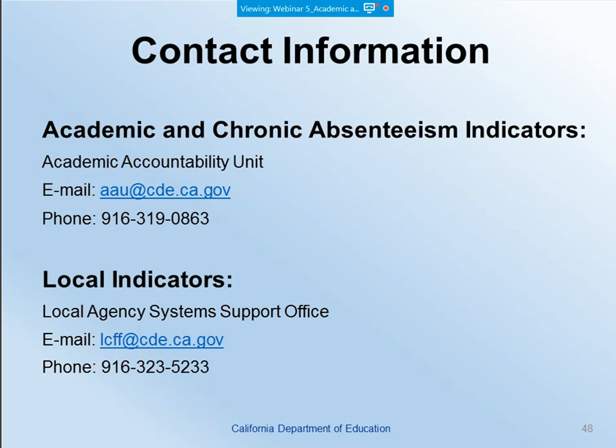It doesn't have to go towards the high school diploma, although it may. We're counting any course where they receive college credit. We are working with the community colleges to see if we can share some data, but we couldn't do that for this release, and we probably won't be able to do that for the fall 2018 release.